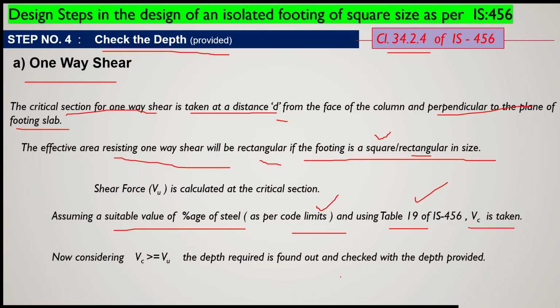Now this VC must be greater than or equal to VU. So depth required is found by using this formula. We can find out the depth required and check with the depth which we have provided.